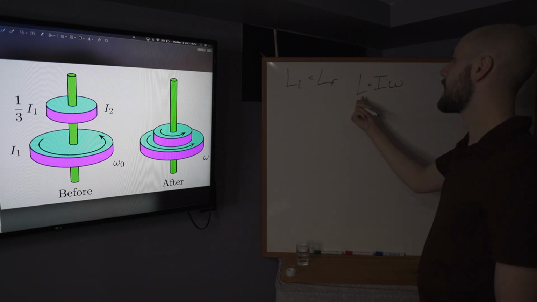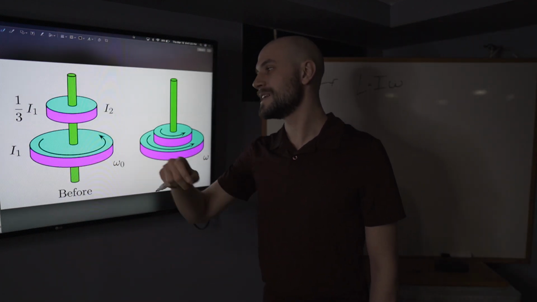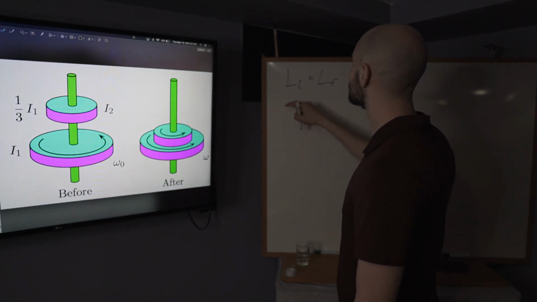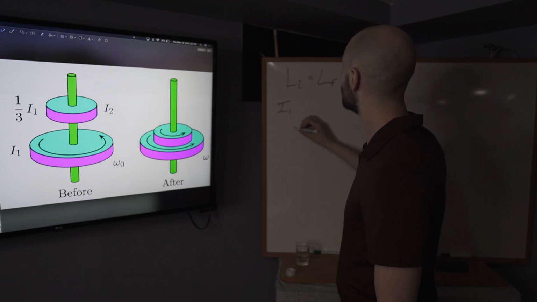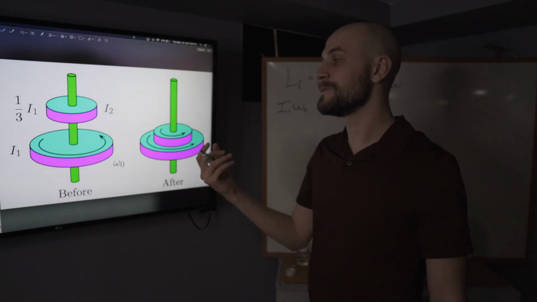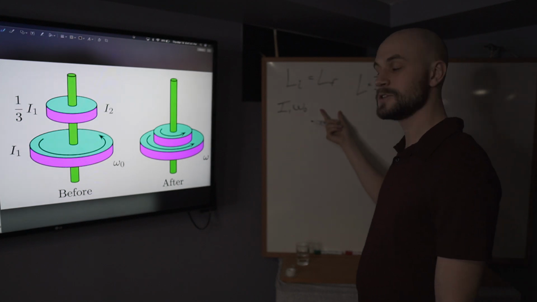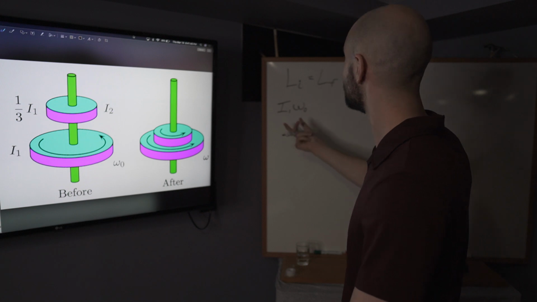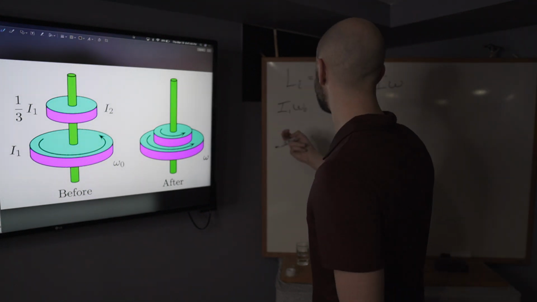Remember that angular momentum is a vector. Object 1 has rotational inertia I1 and is spinning at some omega naught, so initially we only have I1 omega naught. If disk 2 were rotating, we would add I2 times its angular velocity. But here only disk 1 is rotating, so this is our total initial angular momentum of the system.